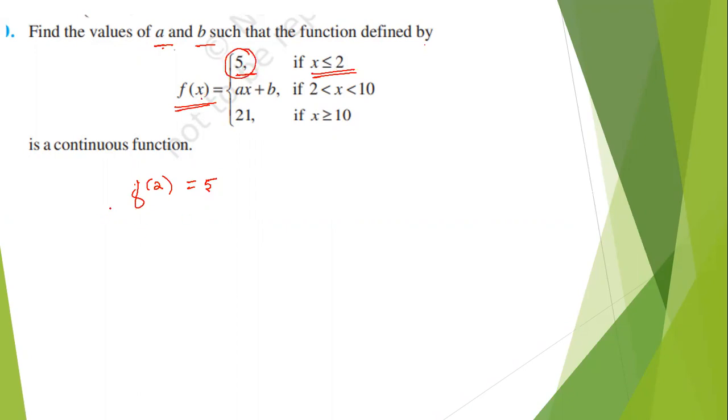What will be the right hand limit? For x greater than 2. Yes, ax plus b. So substitute. So we get limit x tending to 2 plus f of x will be ax plus b.